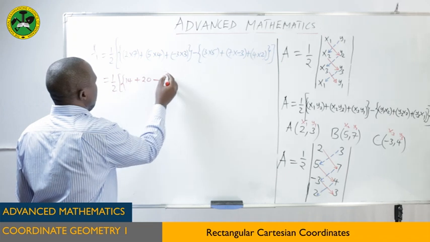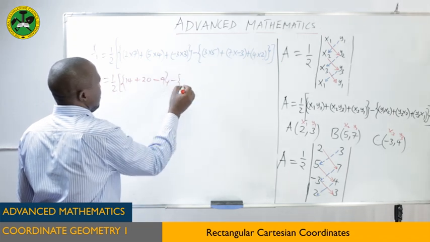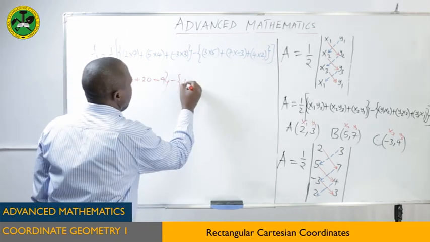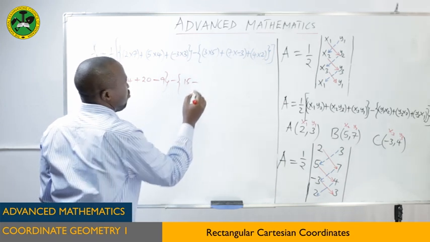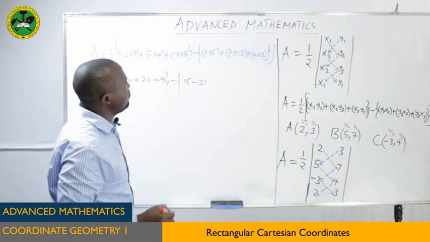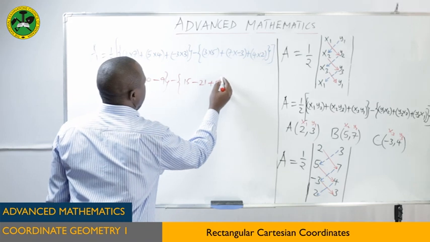So this one minus, we have 3 times 5, that is 15. Then that will be minus, because you have 7 times negative 3, that is 21. The last one will be 8.